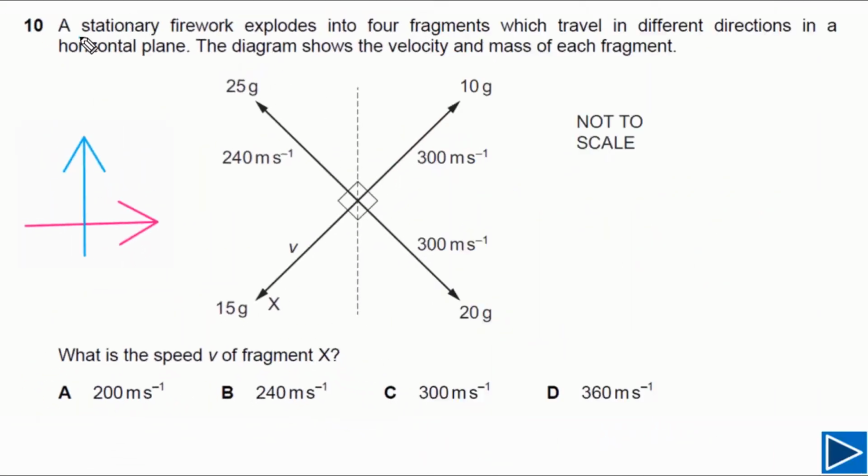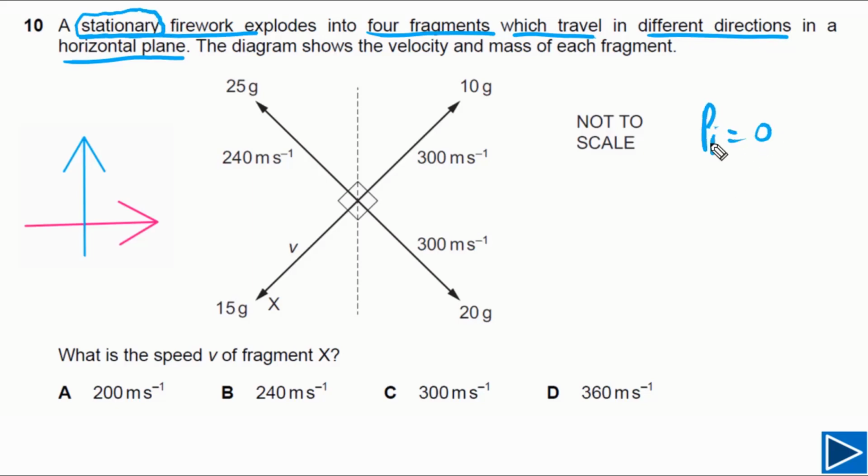For this question it is given that a stationary firework explodes into 4 fragments, meaning 4 pieces, which travel in different directions in a horizontal plane. Now first of all, stationary is very important. From here we can understand initial momentum is equal to 0.